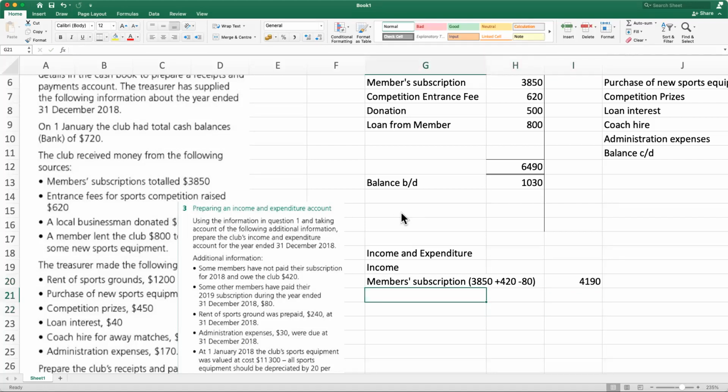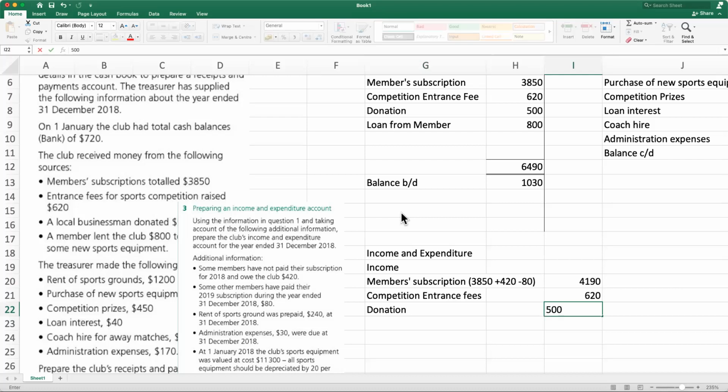After that, there is the competition entrance fee, 620. And then there will be a donation of 500. Remember, is a loan an income? This is considered to be your liability.